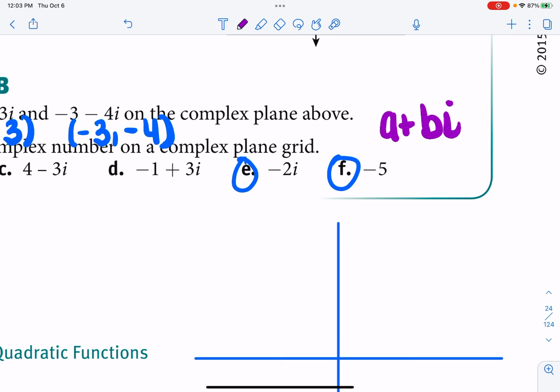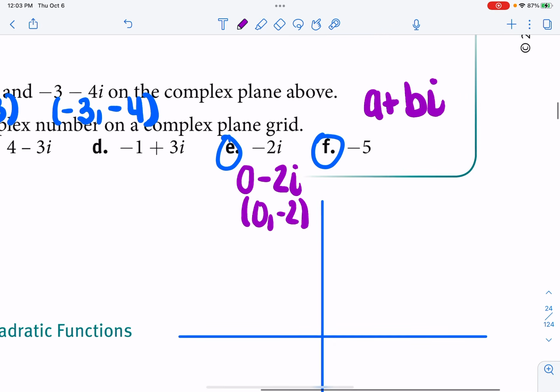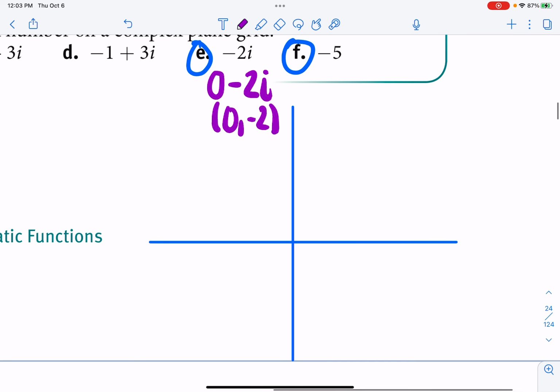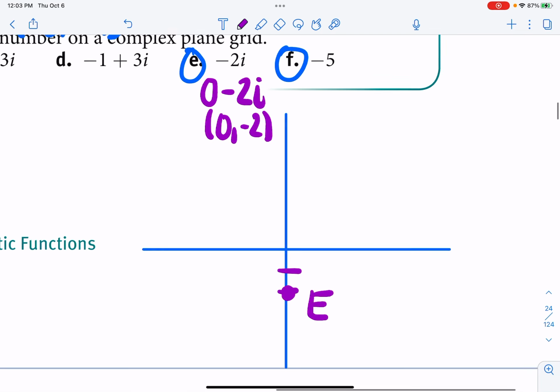If we're looking at that first one, negative 2i, think about a is what's missing. If I have nothing in for a, it's really 0 minus 2i, okay? So that's going to be the point 0, comma, negative 2, okay? So graphing that, I'm going to go left to right 0, and then I'm going to go down 2, and I'm going to call that point E, okay?